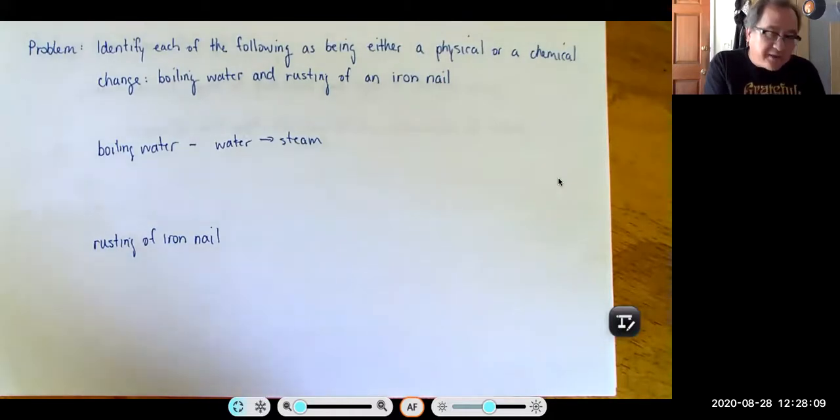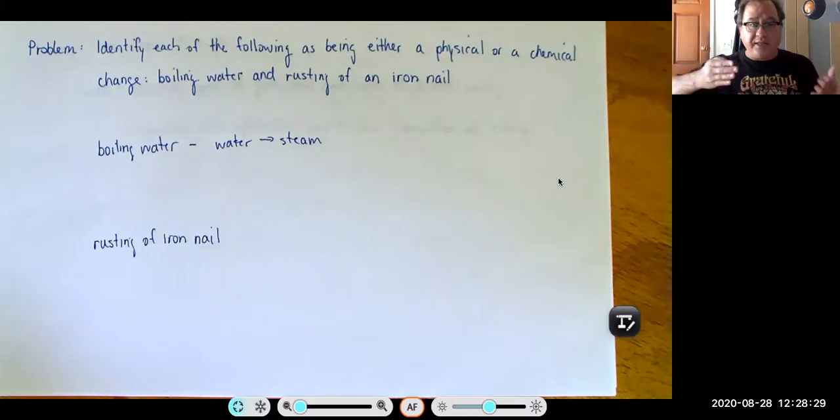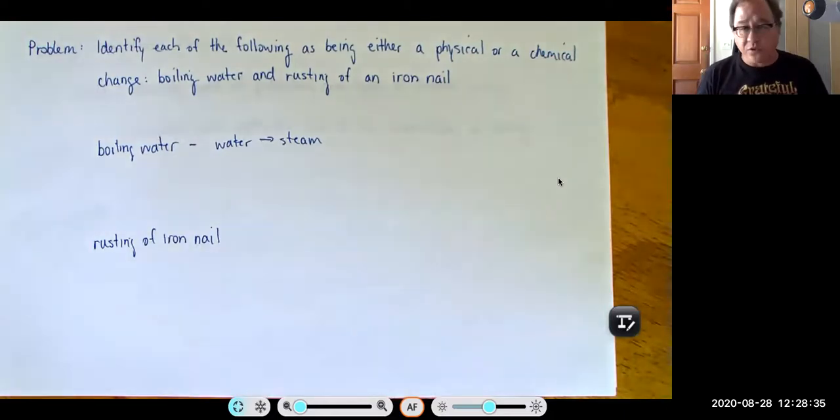Now, a kind of go-to for a lot of scientists when they talk about whether something is a physical change or a chemical change is: is it fairly easy to reverse? Now, this doesn't always work, but it would work for boiling water. Would it be easy to reverse the water turning into steam? That is to say, to take the steam and turn it back into water. That's fairly easy. You just cool the steam down, okay?